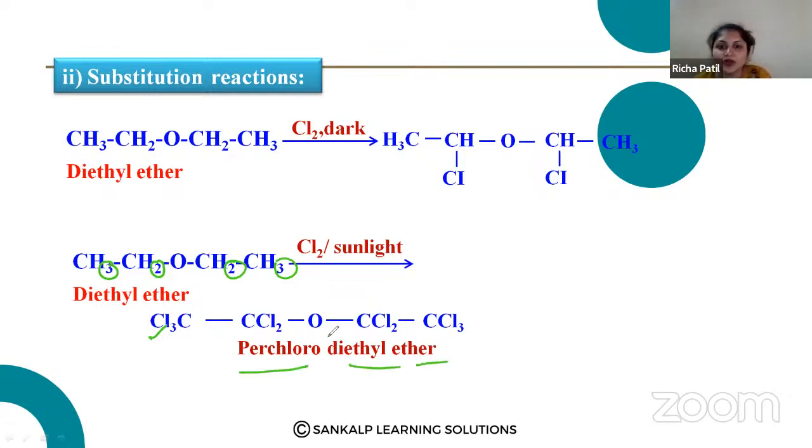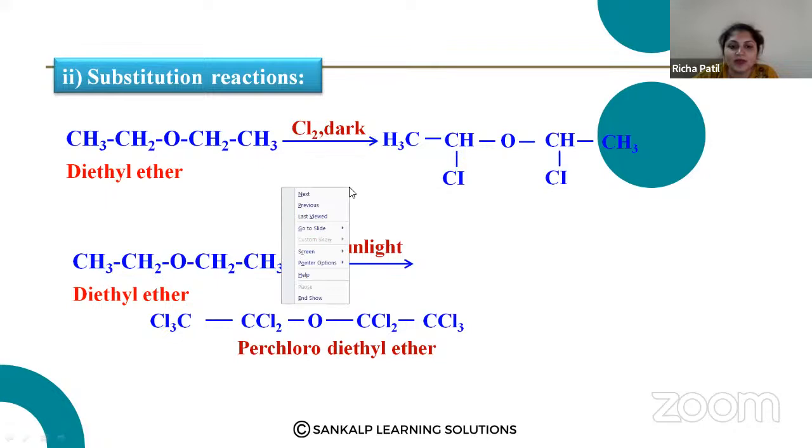Dark condition means you are restricting it to only 2 moles: two atoms of Cl are added, replacing hydrogen atoms. Here Cl2 is there, and with continuous sunlight all the hydrogen atoms are replaced by Cl. So this is one substitution reaction.